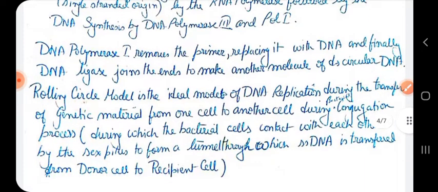Finally, polymerase 1 removes the primer, replacing it with DNA, and finally DNA ligase joins the ends to make another molecule of double stranded circular DNA.